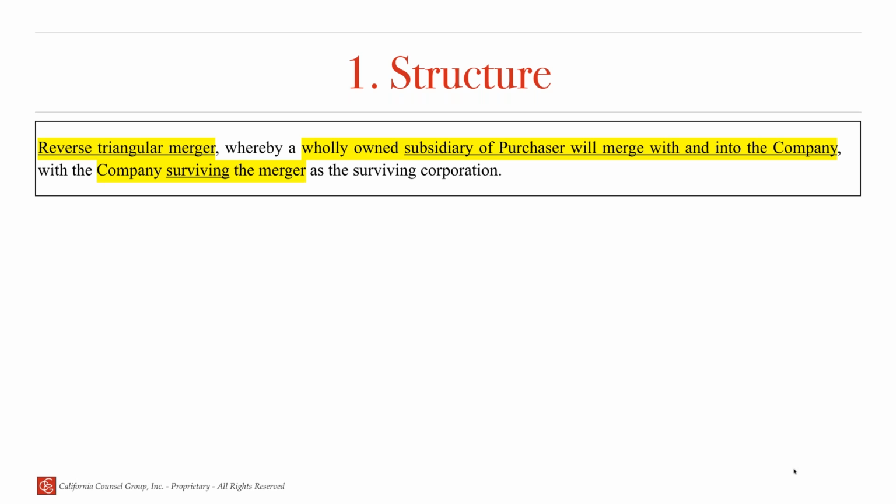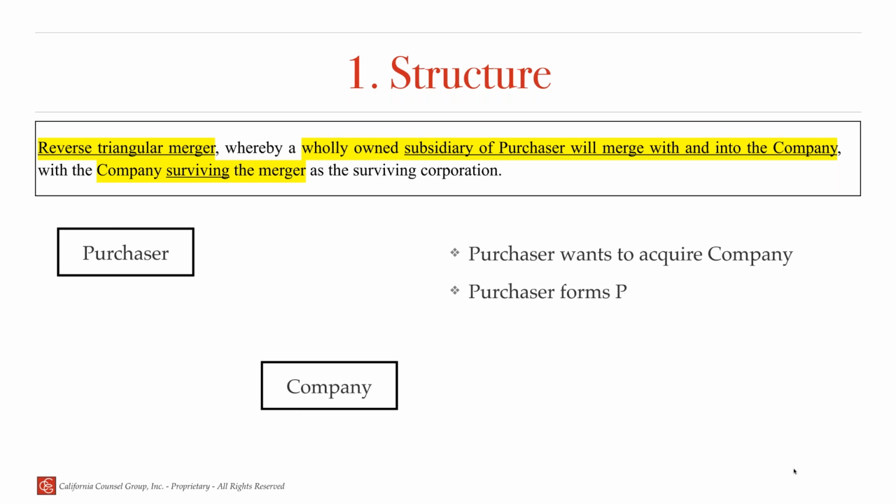This is a short paragraph, so I can read it. A reverse triangular merger is whereby a wholly owned subsidiary of the purchaser will merge with and into the company, with the company surviving the merger as a surviving corporation. So we did some fancy graphics here, so this will help explain this. We have the purchaser wants to acquire the company, right?